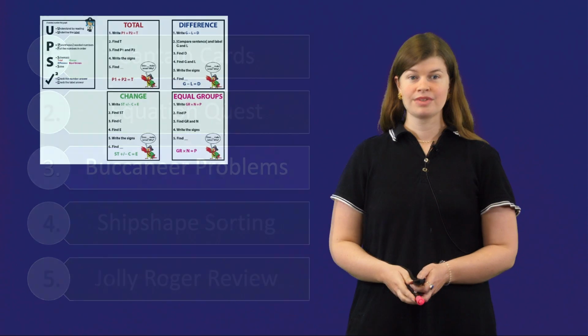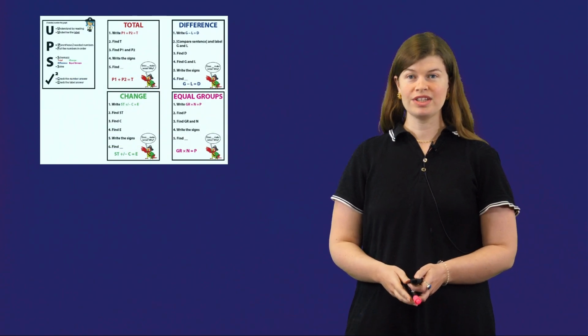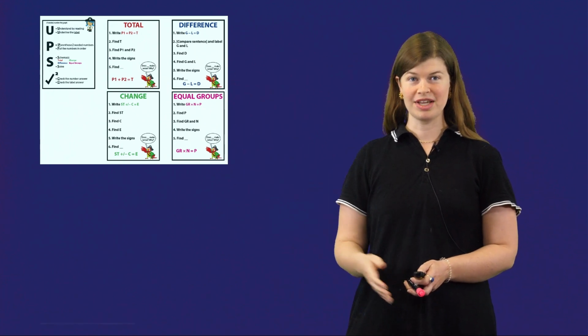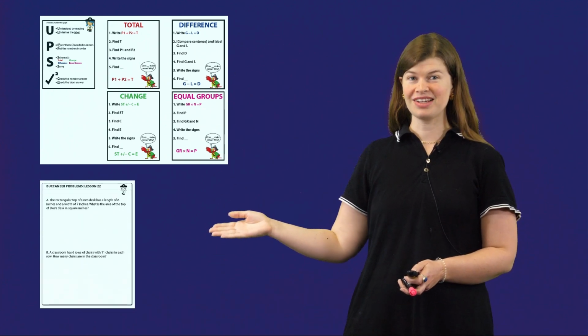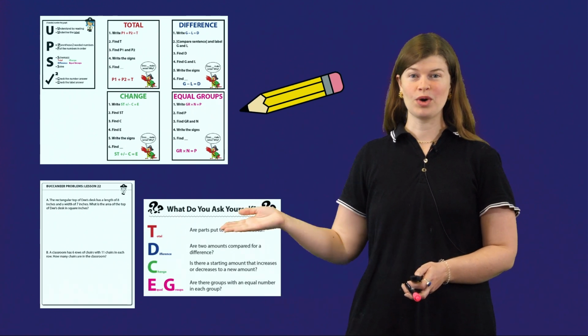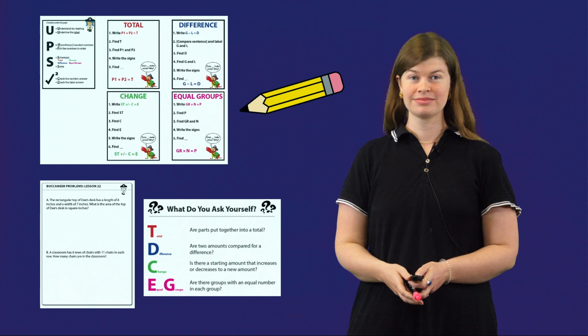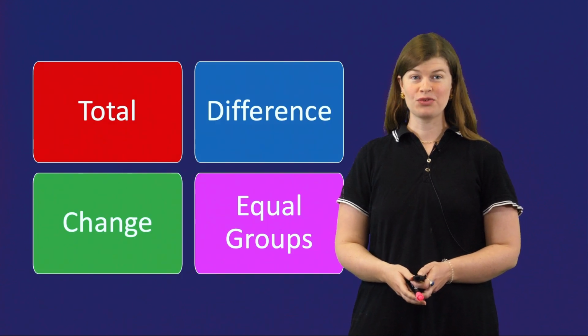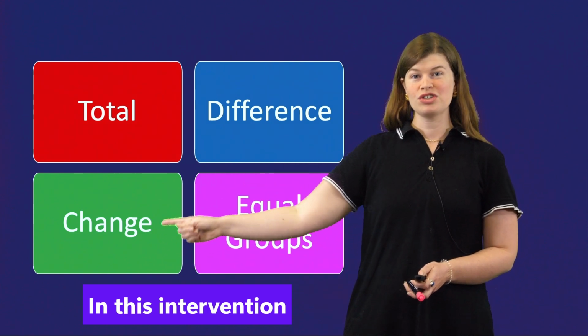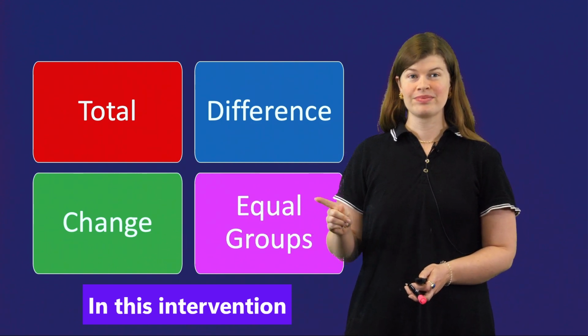component. For this activity, you will need the large schema mat, version 4 to include all 4 schemas, a Buccaneer problem, a pencil, and the What Do You Ask Yourself poster. There are 4 schemas: total, difference, change, and equal groups.